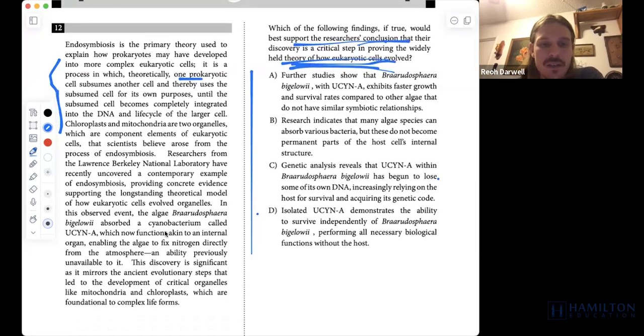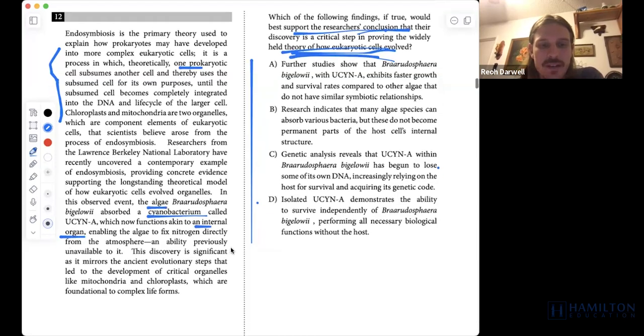Well, they had a cyanobacterium absorbed by an algae, which now functions as an internal organ, right? Here we have this. It is significant as it mirrors the ancient evolutionary steps that led to the development of organelles like mitochondria and chloroplasts.